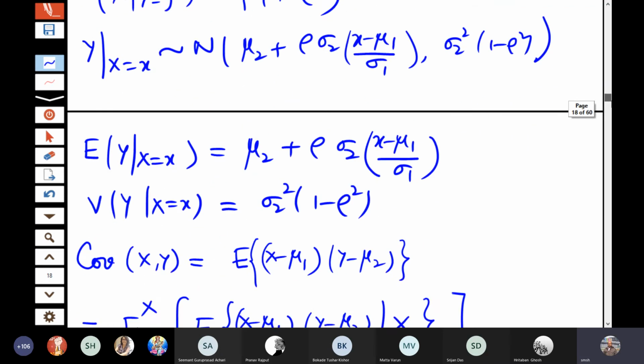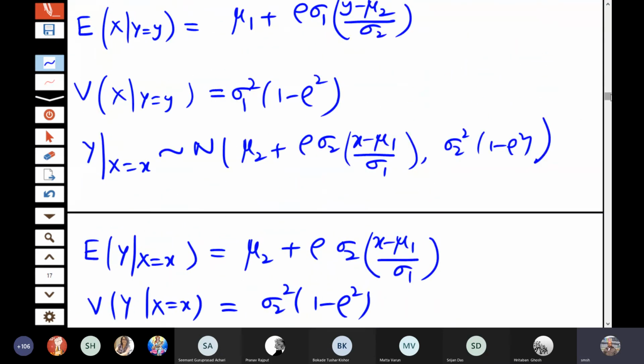See, expectation of y given x is mu2 plus rho sigma 2 by sigma 1 into x minus mu1. So expectation of y minus mu2 given x, that is rho sigma 2 times x minus mu1 by sigma 1.